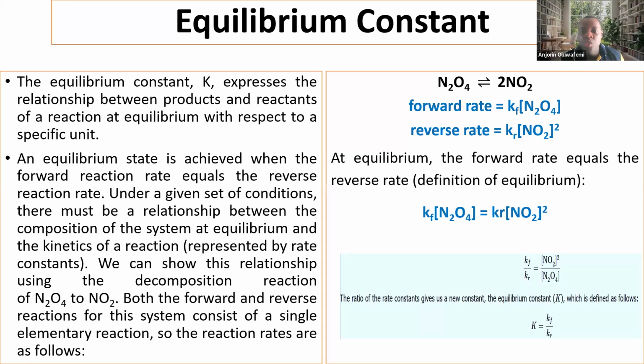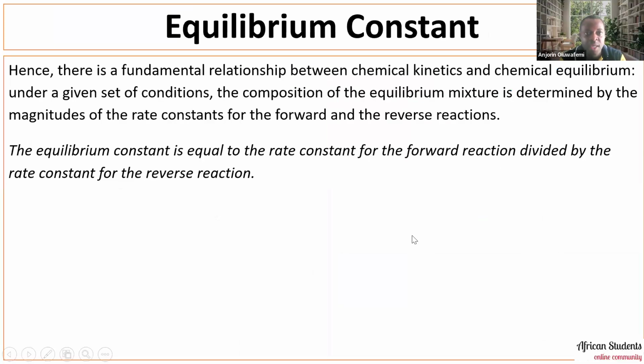Okay, so the ratio of the rate constants gives us a new constant, which we call the equilibrium constant, which is defined by K, which is what? Kf over Kr. That's the rate constant for the forward reaction over that for the reverse reaction. Hence, there's a fundamental relationship between chemical kinetics and chemical equilibrium under a given set of conditions.